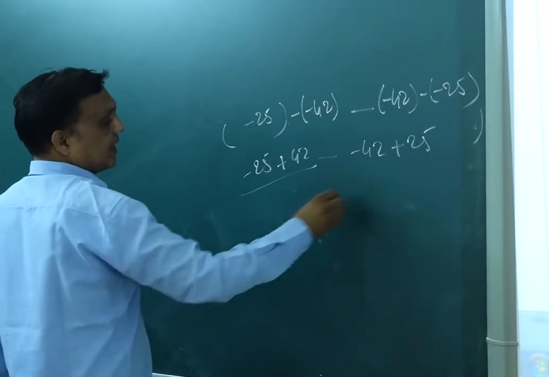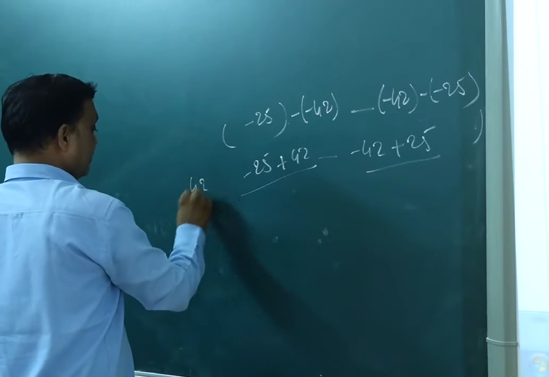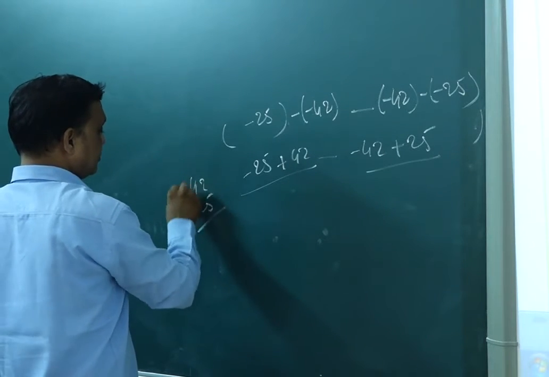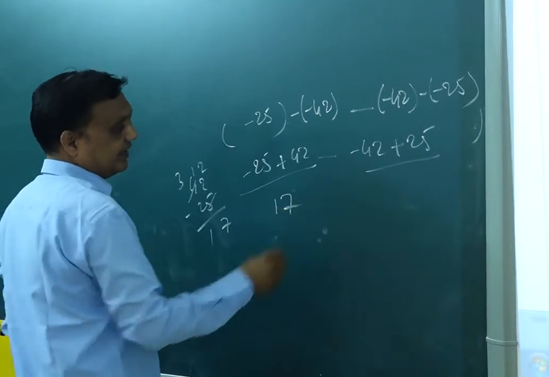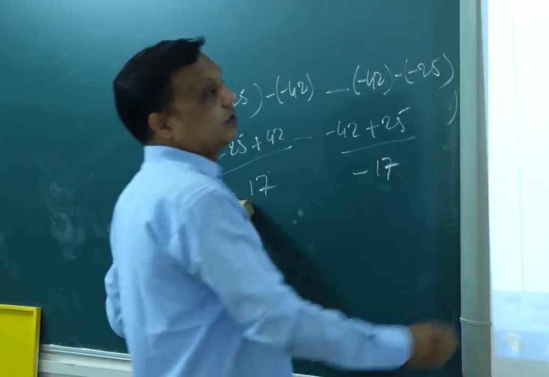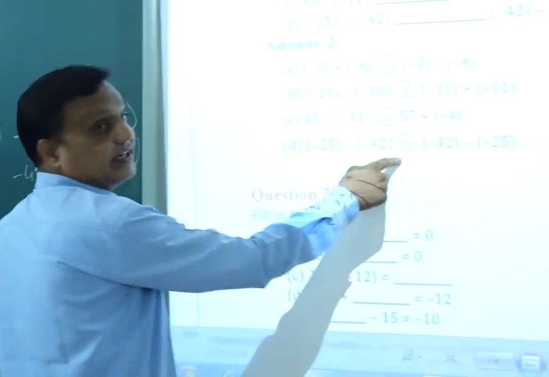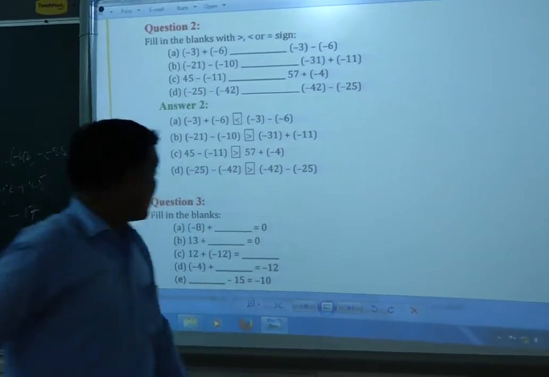So this is and this is. Here the answer is what? 42 minus 25, 17. This is plus 17 and this is minus 17. So this number is greater. This one is greater. Okay dear. Now this third question.